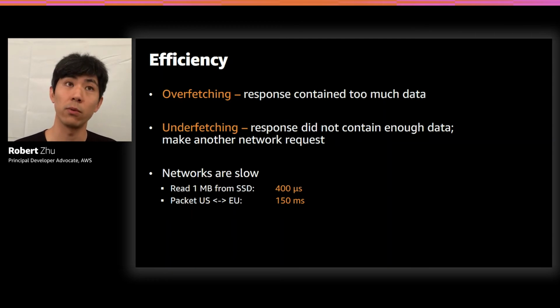But if you have to go to the network, a round-trip packet from the US to Europe under ideal network conditions is 150 milliseconds. That's a factor of hundreds of times difference. That's like the difference between getting next day delivery from Amazon versus getting next year delivery on Amazon. That's the difference of performance when you need to go to the network. So you want to avoid making network requests.